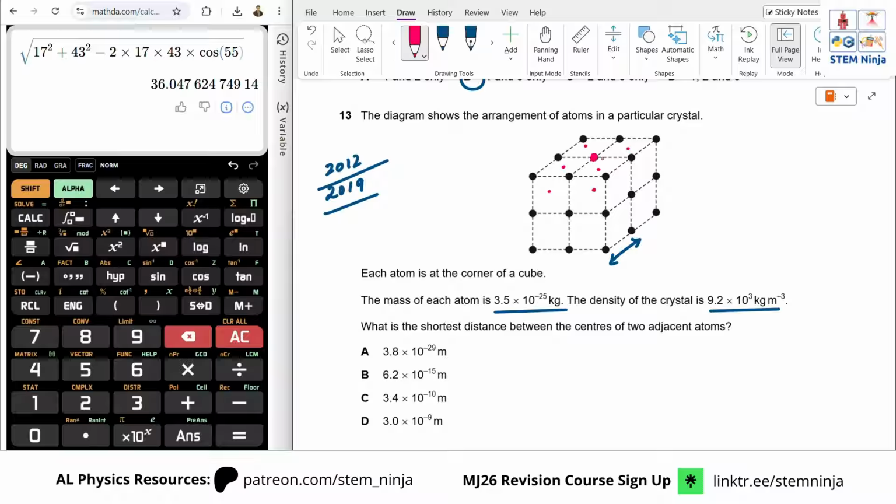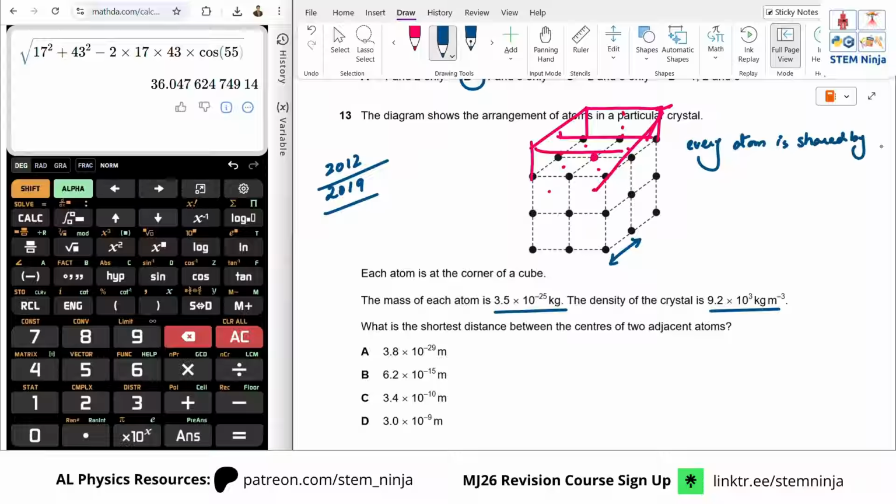But if you stack another 4 on the top, it will be shared by 4 more cubes. So that means every atom is shared by 8 unit cells.